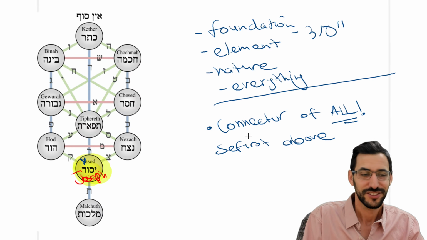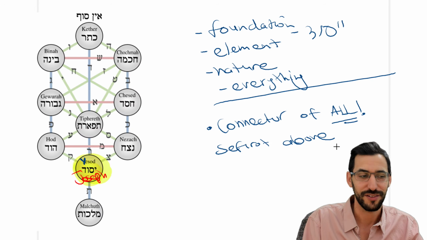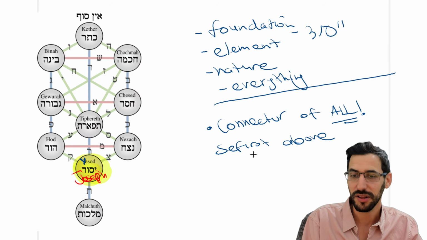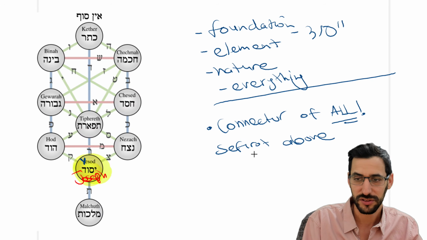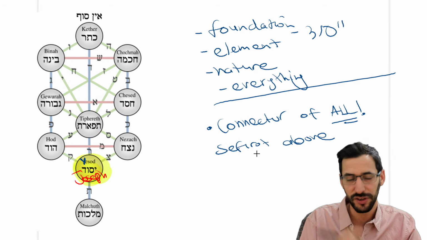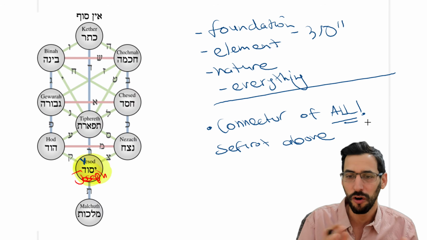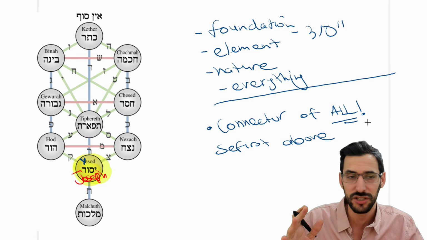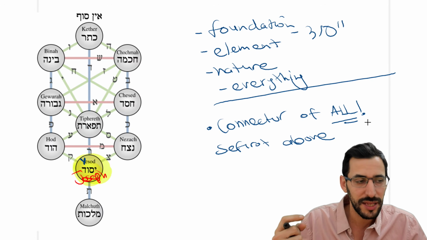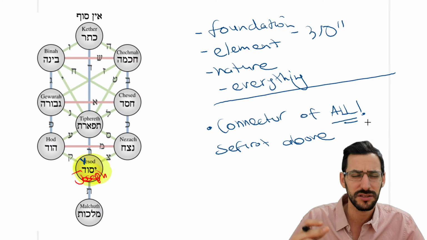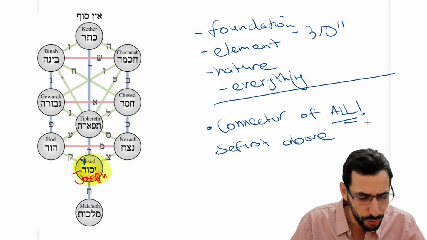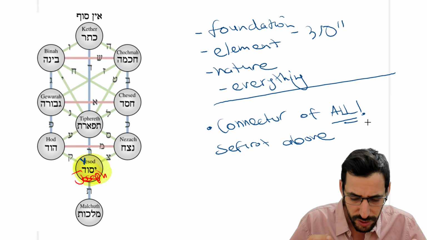That's good. So it's the connector of all the Sefirot above. That's the quality of Yesod. Right? So it's a feeling, it's the recognition, it's the attainment of connection. What is connection? It's connection of qualities, of intentions, of thoughts, of us.